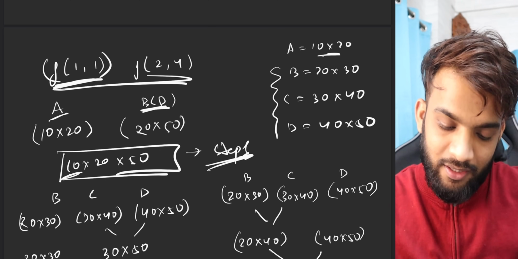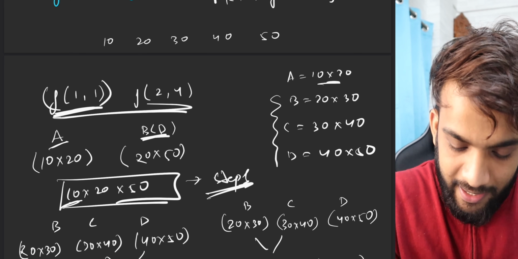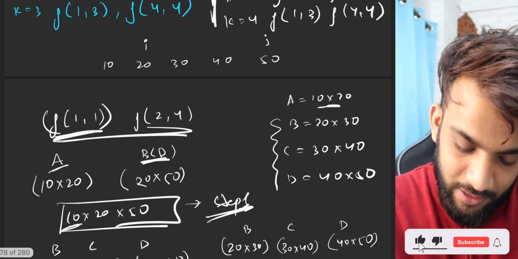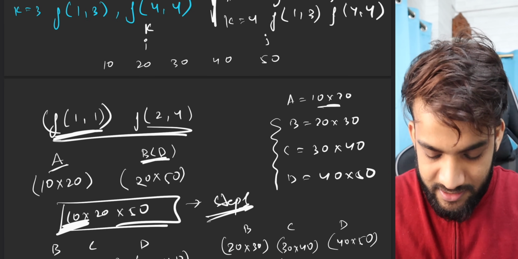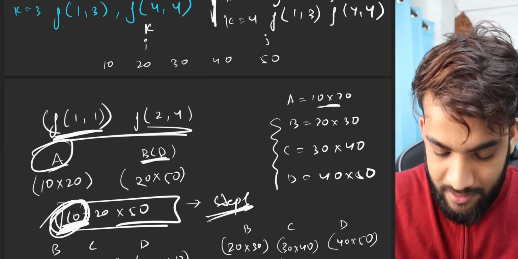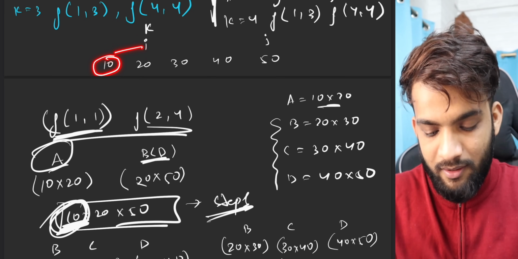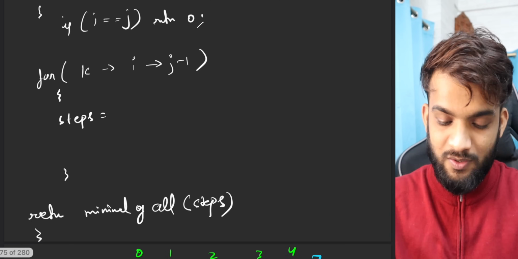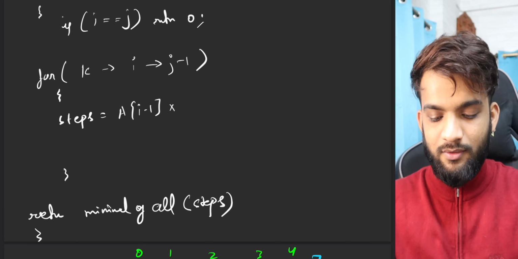If you remember well, 10, 20, 30, 40, 50, i was here, j was here, and k would be probably here for this case. Whenever you try to multiply A and BCD, where is 10? 10 is right before i. So the number of steps required will be A of i minus 1 multiplied with, let's see.